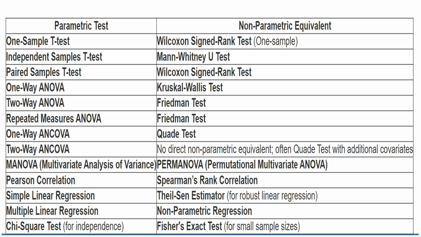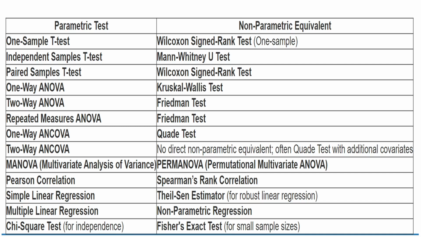For parametric tests, there are so many tests. For example, the one sample t-test, the independent sample t-test, and the paired samples t-test. So there are three types of t-test we can see.